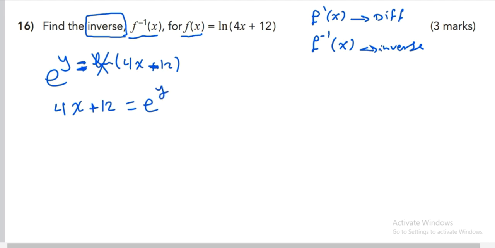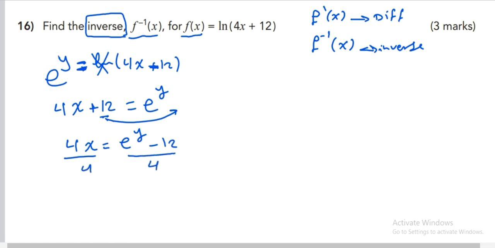Simply it's similar to a linear equation. Move plus or minus, then multiply or divide. We'll move plus 12 to the other side. So 4x equals e to the power of y minus 12. Divide by 4, then x equals e to the power of y minus 12 over 4.